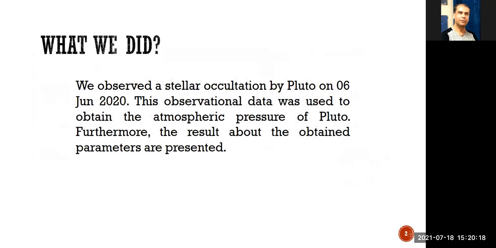Okay, what we did: we observed a stellar occultation by Pluto on 6 June 2020. This observational data was used to obtain the atmospheric pressure of Pluto. Furthermore, the results about the obtained parameters are presented in this study, and we wrote an article about that.